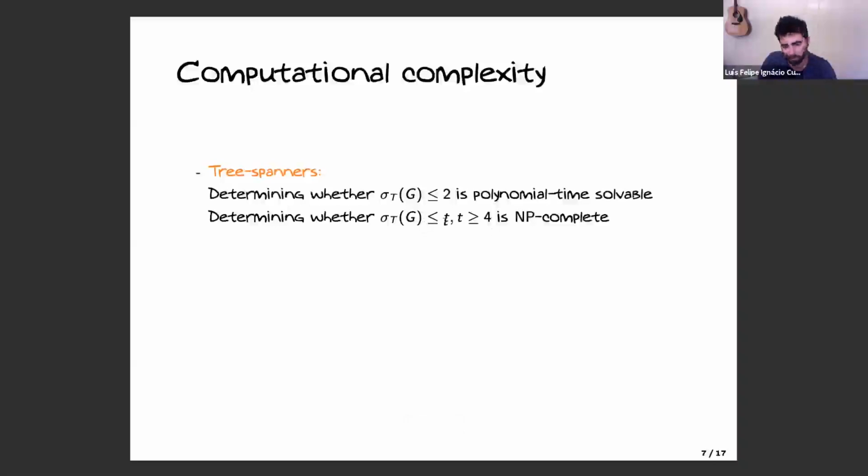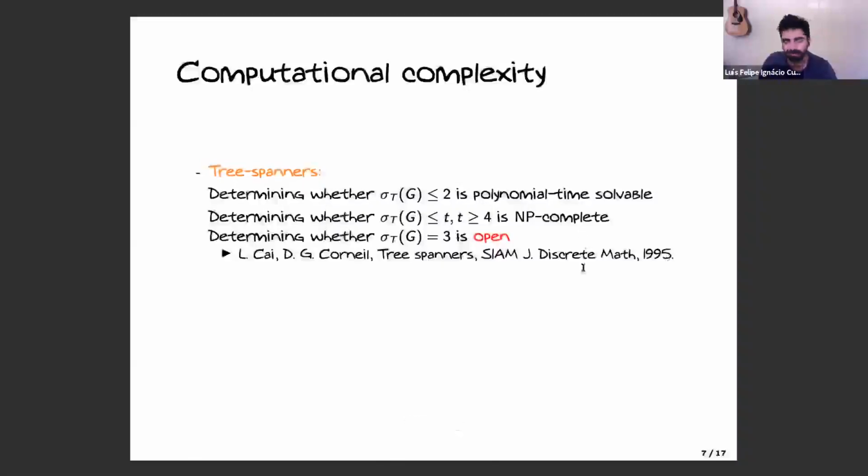However, determining whether a graph has stretch index at most t, for t at least 4, is NP-complete. And it is still an open problem since 1995: we don't know how to answer this question about the computational complexity of 3-admissible graphs. If I give you a graph and I want to say whether it is 3-admissible or not, it is still an open problem. For many years, we still don't know how to answer this question.